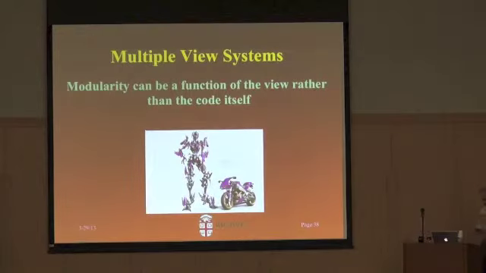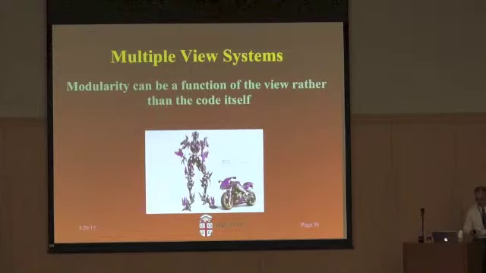So the obvious solution here is to create a system that gives you multiple views of the system, so you can have your different modular views as you go. You have a flexible system, one that can transform itself. Modularity becomes a function of the view rather than a function of the code itself.